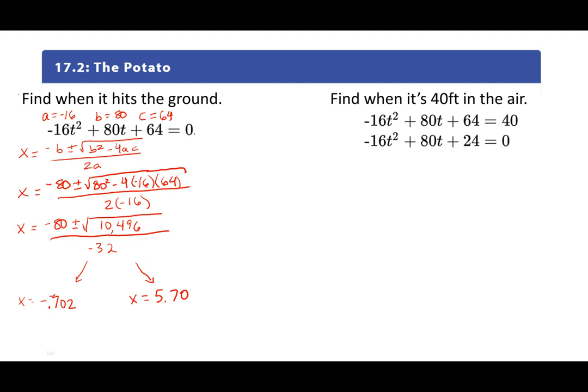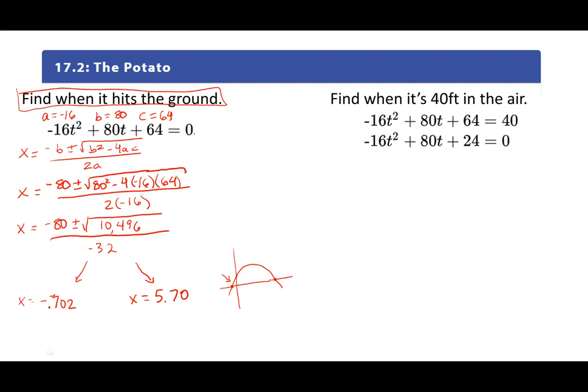But in terms of when the potato hits the ground, we need to think about what's going on in this problem. If we had a parabola that has solutions, one of which is negative and one of which is positive. So we have a negative answer and a positive answer. This negative one doesn't really make sense because that means it was launched from a certain height, but then it only reaches the ground after 5.70 seconds.